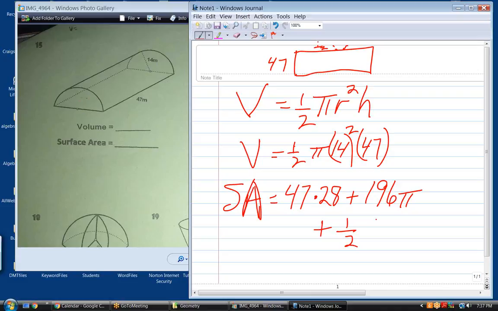Yes. In other words, instead of 2 pi r, well, let's write it as 2 pi r. That's the circumference. But we're only dealing with half of it. Not because it's half of a cylinder, but because it's half of a circumference. In other words, my general would have been 1/2 of 2 pi r. Well, conveniently, those cancel. So what's our answer for surface area?